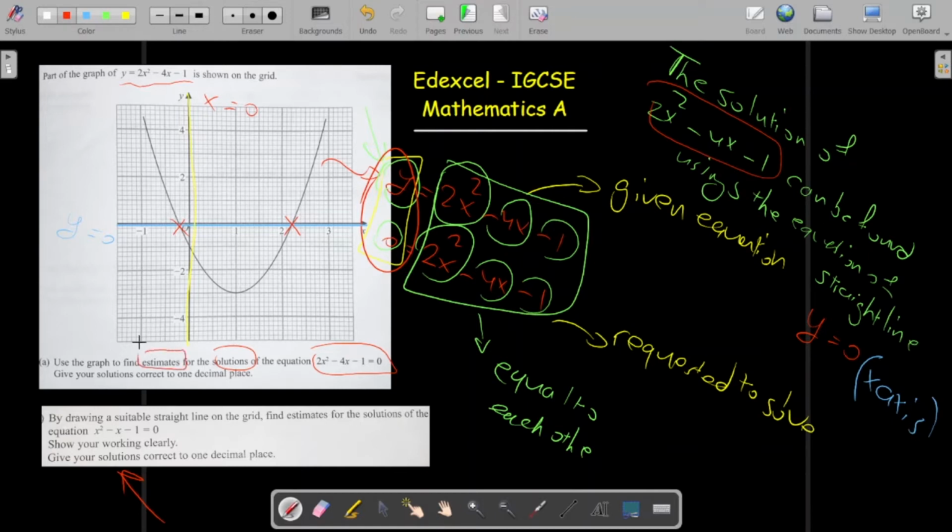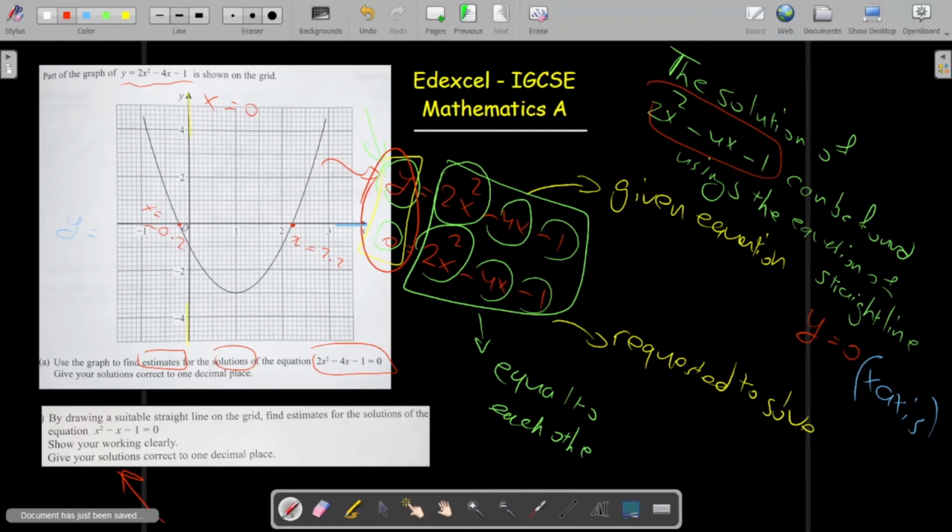Now the question asks you to estimate. Estimation means you look at the graph and try to read it as an estimate. This point looks to me like x equals 2.2, while this one here looks like minus 0.1, so x equals minus 0.2.